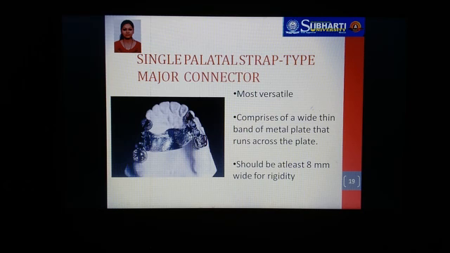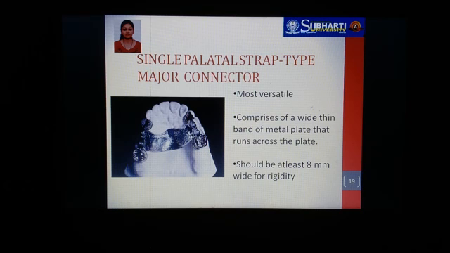When we talked about the ideal requirements of the major connector, we studied that it should be able to unify the parts. In order to unify the parts, the strength of that part of the prosthesis is very essential. So a minimum width of 8 millimeters is required to ensure it has the strength to transfer or dissipate the forces evenly across the prosthesis.